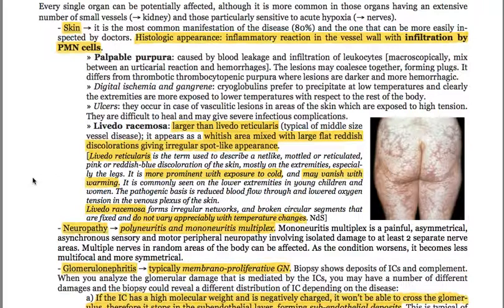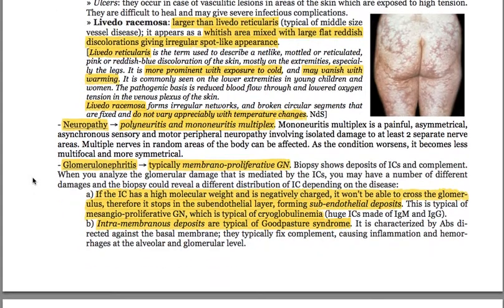We have also glomerulonephritis, which is typically membranoproliferative glomerulonephritis. Biopsy shows deposits of immunocomplexes and complement. When you analyze the glomerular damage that is mediated by the immunocomplexes, you may have a number of different damages, and the biopsy could reveal a different distribution of immunocomplexes depending on the disease.